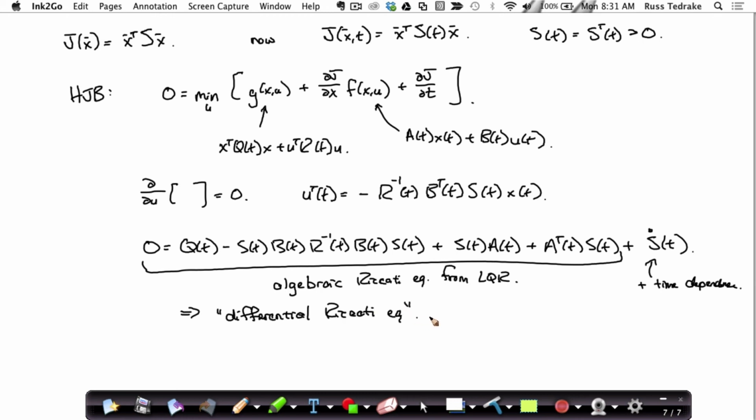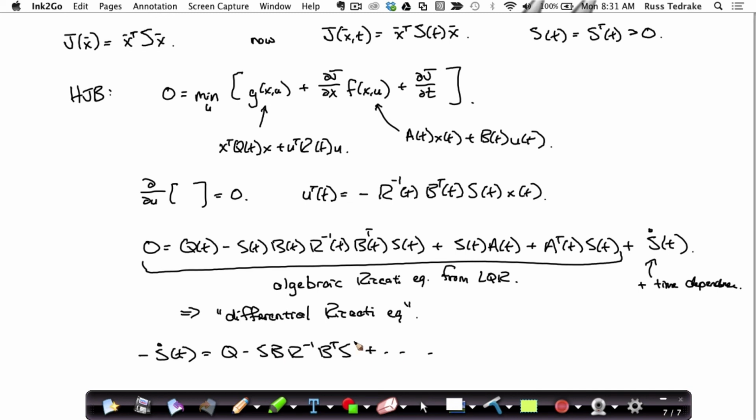And you really should think of this as a dynamical system, a differential equation, where negative S dot of t equals this whole thing, Q minus S B R inverse B transpose S. Okay?